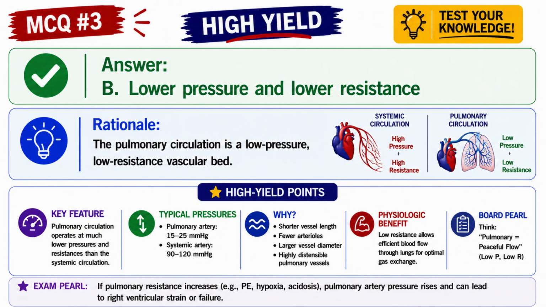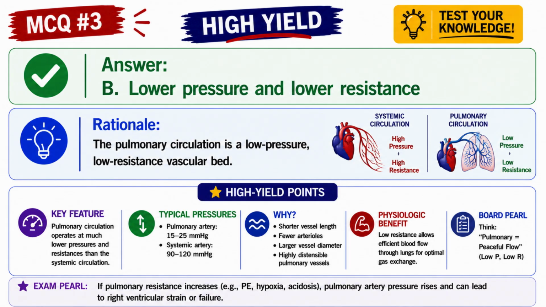Here's why. The pulmonary circulation is one of the most remarkable vascular beds in the body. It receives the entire cardiac output, the same flow as the systemic circulation, but it does so at dramatically lower pressures and resistances.